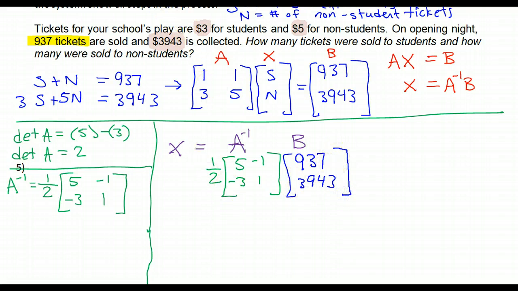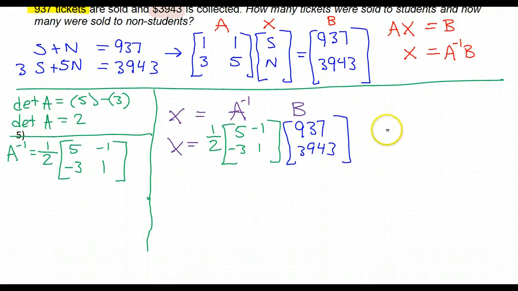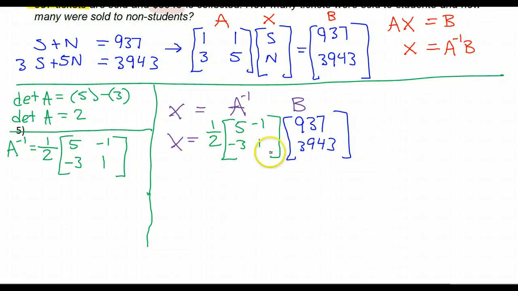Okay, so x should equal all of this. So all I have to do is evaluate this. Now I recommend, again, I didn't multiply by the 1/2 yet. I would multiply matrix times matrix and then divide everything by 2. It just makes the calculation easier. Now a 2 by 2 matrix times a 2 by 1 matrix is going to be a 2 by 1 matrix.